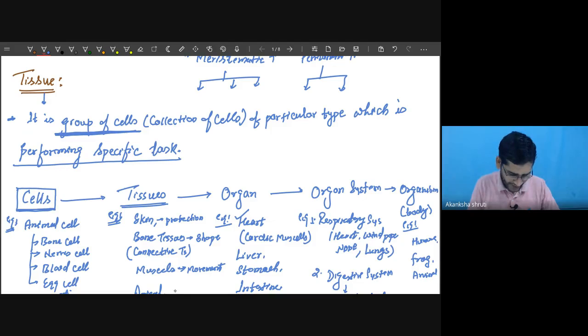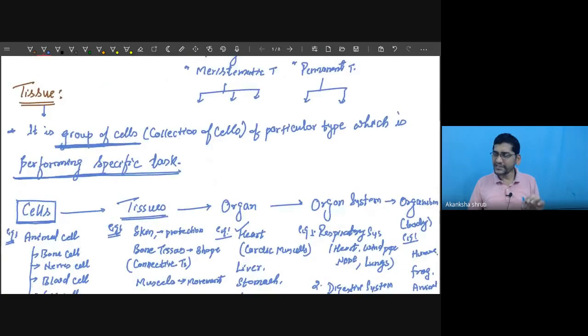These two words are very important. A group of cells performing a specific task is called a tissue. Tissue consists of cells. What is the function of tissues? Tissue is able to perform a specific task very efficiently.